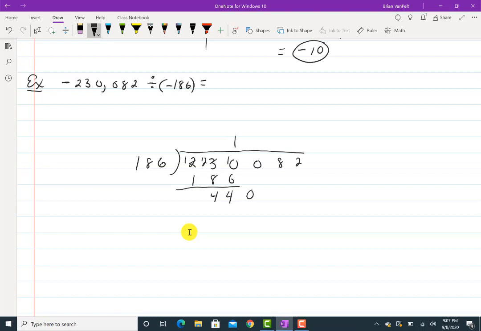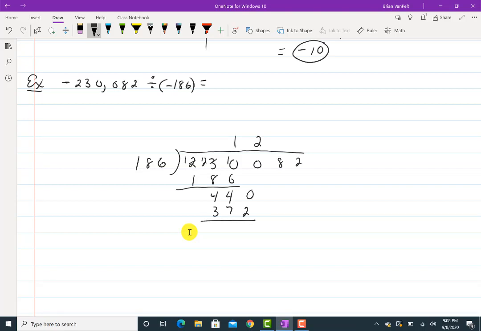Now I can see that if I do 3 times 186, I'm going to get like 372, or 2 of them times 186 would be like 372. But 3 times 186 is over 500. So I know to do just a 2 right here. So like I said, 2 times 186 is 372.